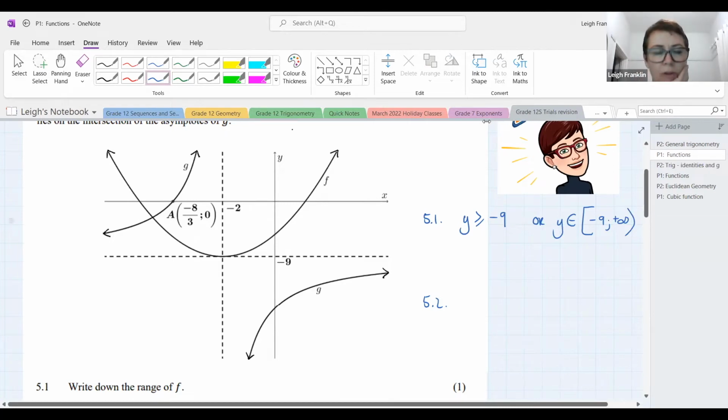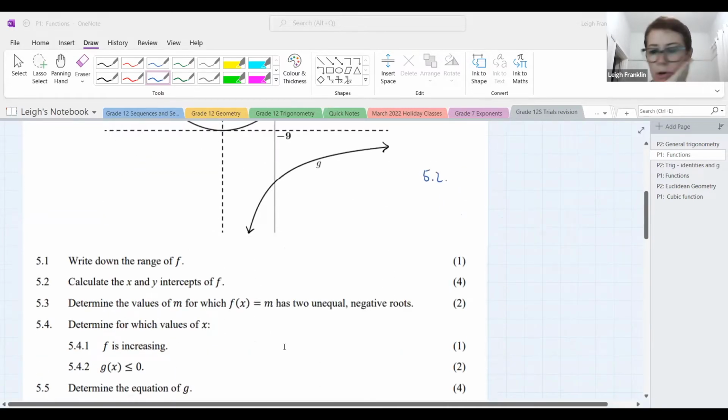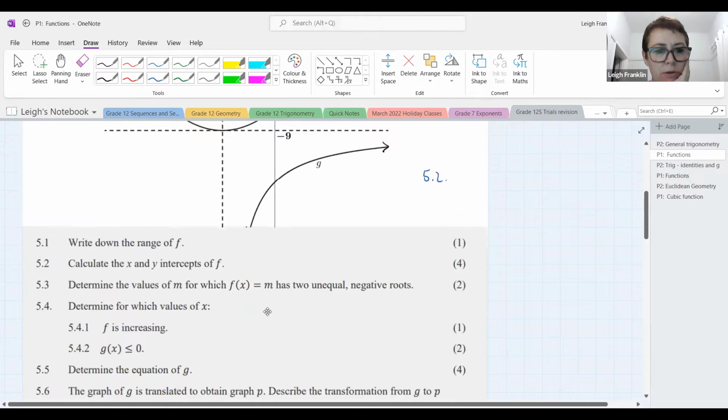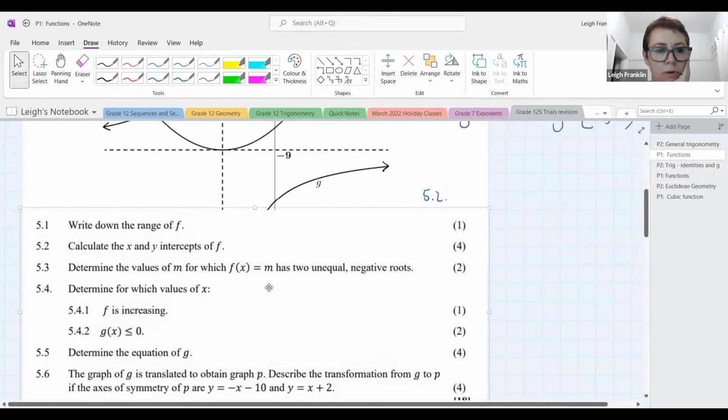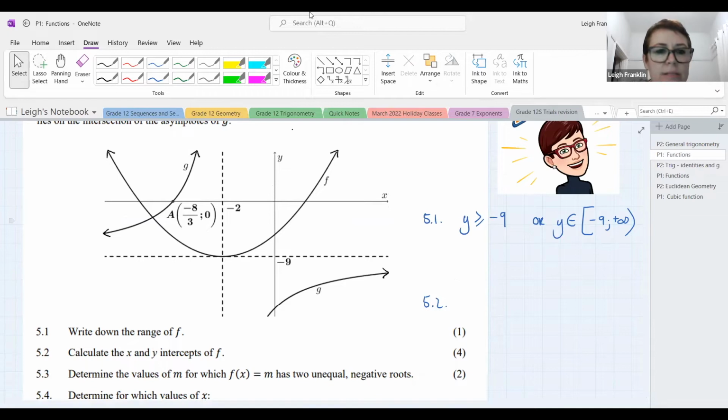Okay, so that's my answer for 5.1. I think you guys would have got the same thing there. Oh, sorry, Tisha. Let me just move this up a little bit. There you go. Okay, so in 5.1, we're writing down the range, and in 5.2, we're calculating the x and y intercepts. Is that better? Can you see that okay, Tisha and Boucher?